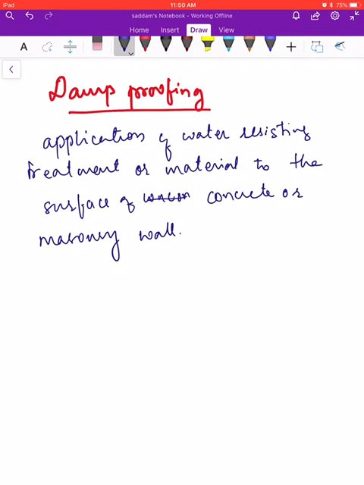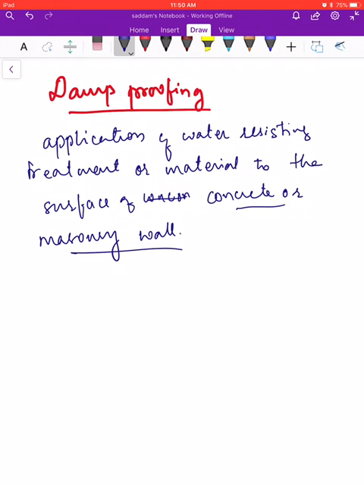Okay, so damp proofing is nothing but our intention is to make them waterproof. The concrete surface and masonry wall, the intention is to make them waterproof. The water should not percolate through the concrete surface or through masonry wall. Okay, this is the damp proofing, the definition of your damp proofing.